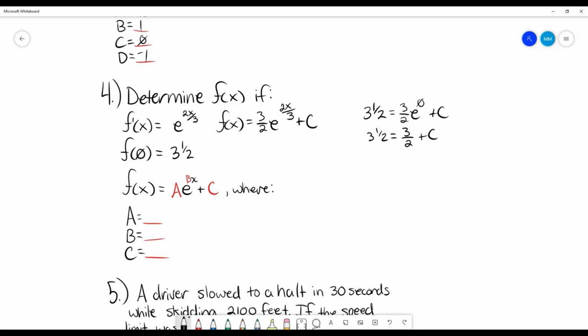And then if I subtract that from both sides, I'm going to get, well, that's a 1.5, so it's just going to be 2 equals c. I can go ahead and change that in my original function. Boom. There's our function where a is 3/2, b is 2/3, and c is 2.